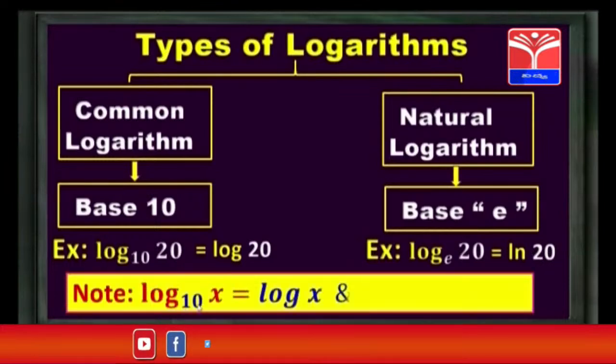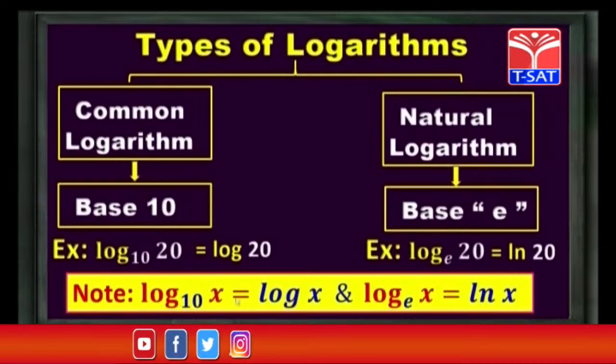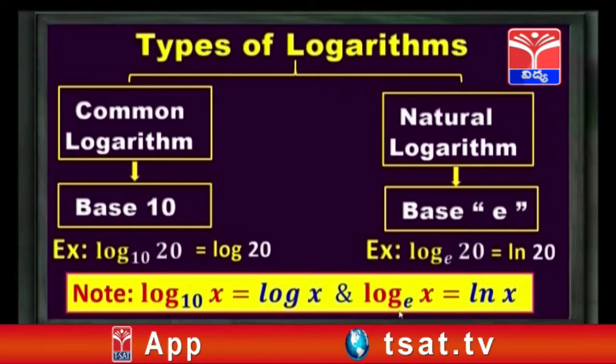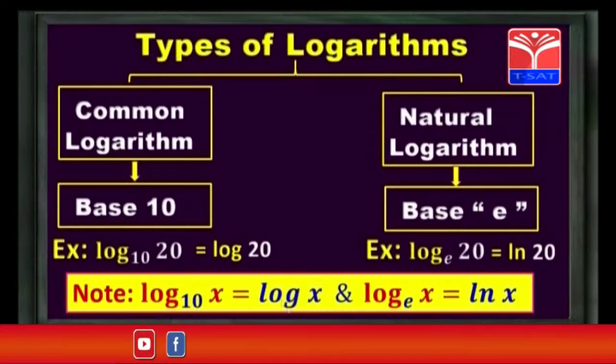Here we should note one thing: log x to the base 10, we can write in short as log x. So we are not writing the base 10 here, and log x to the base e is equal to ln x. So ln x is the short form of log x to the base e, and log x is the short form of log x to the base 10.